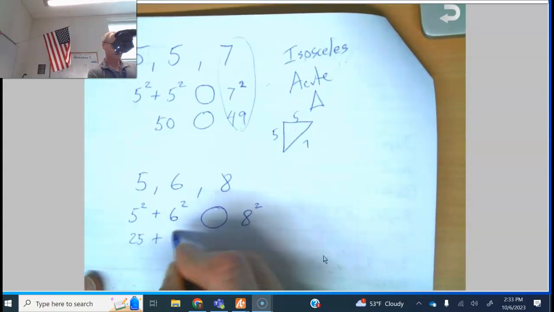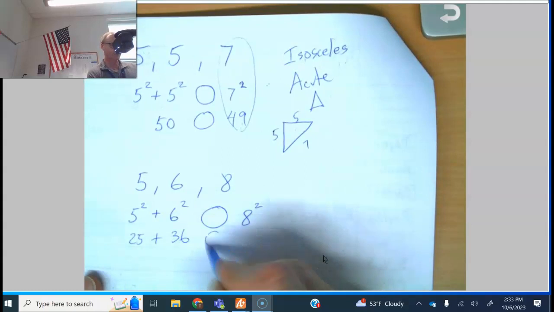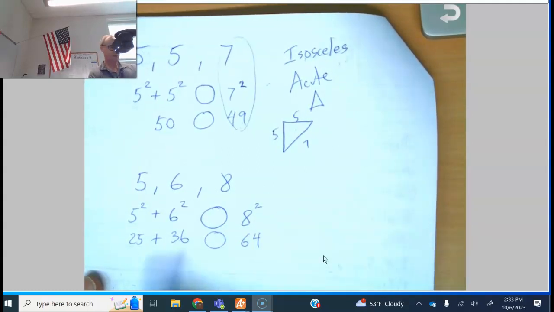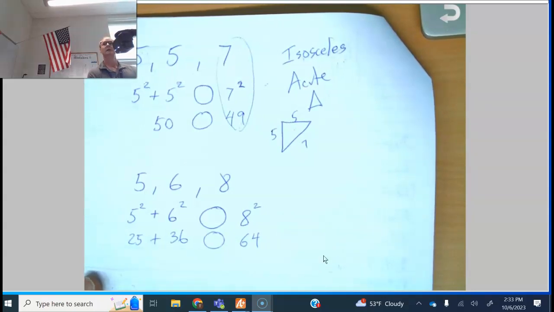Plus 36, and we're going to compare it with 64. What's this side over here? What's this guy? 36 and 25?